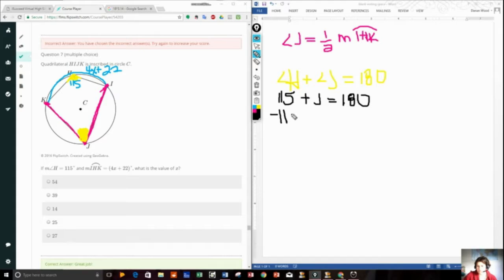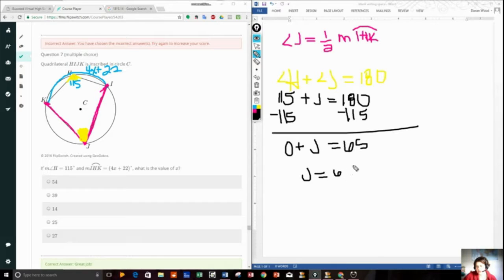So I'm going to subtract 115 from 180. 180 minus 110 would be 170, minus 5 more would be 65. And 115 minus 115 is 0. So we have 0 plus J equals 65. 0 plus J is just J. So the measure of angle J is 65 degrees.